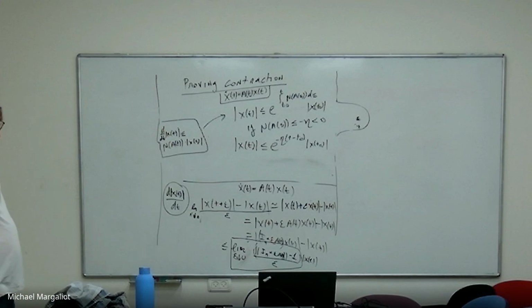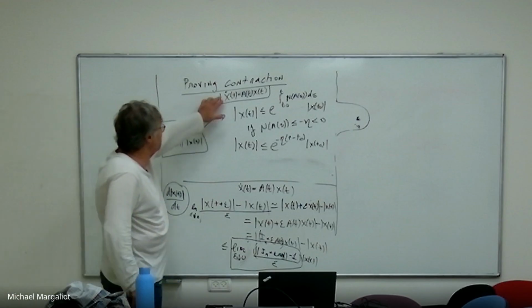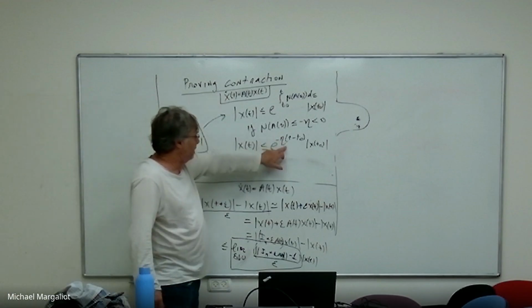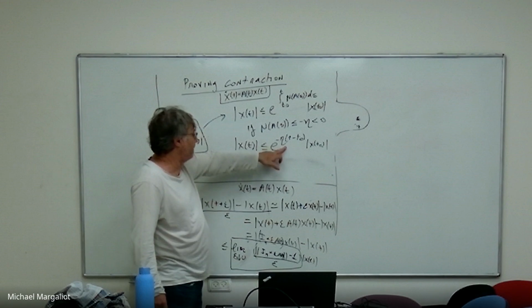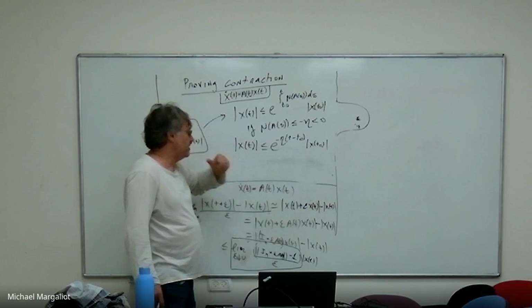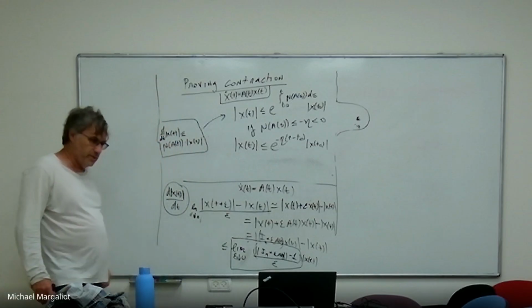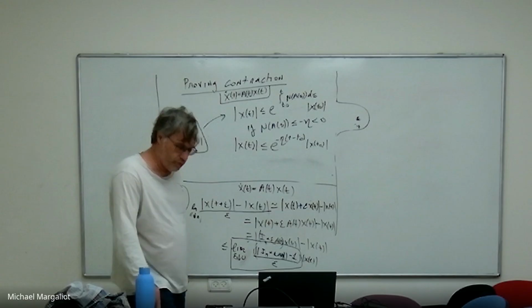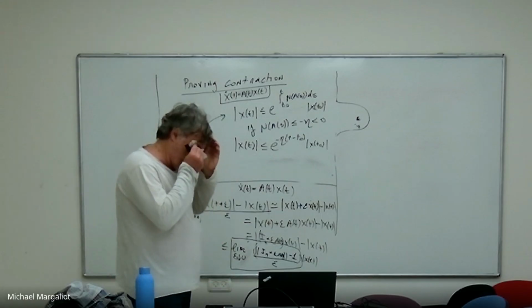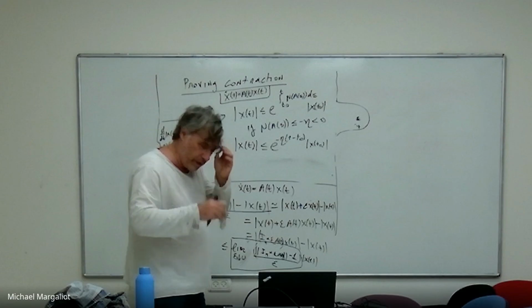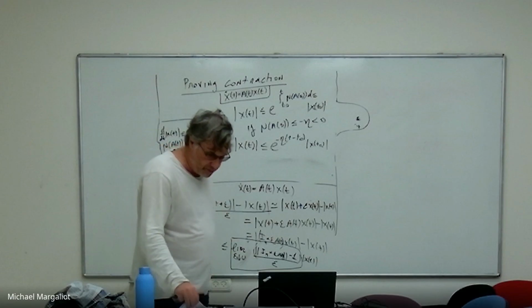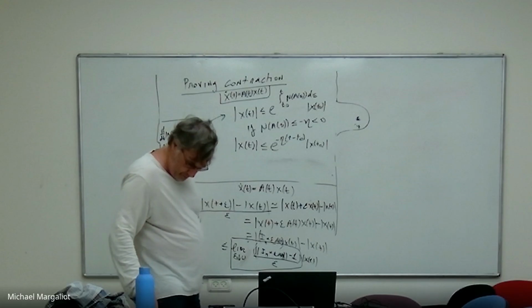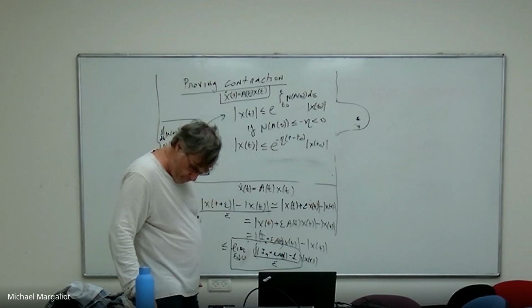This tells me that the solution of the system contracts at least at the rate eta with time. Questions up to this point? I'm sure that at some point perhaps I explained too quickly or without enough detail, so any questions? No question. Okay.